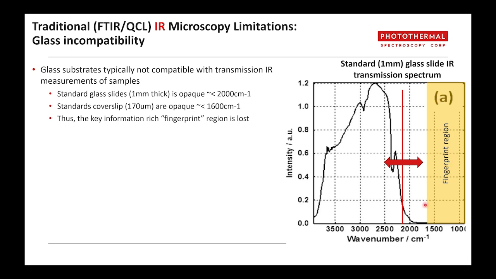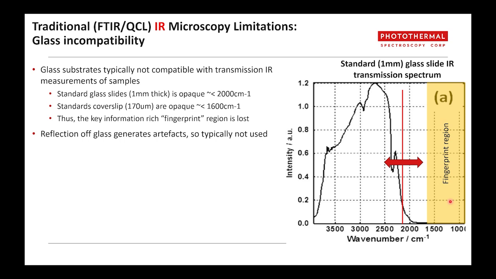But this cutoff point has some variability in terms of where you would define it, and that depends on the thickness. Standard glass slides have a higher wavenumber cutoff. Cover slips, which are much thinner, let a little more light through, and you might be able to get down to around maybe 1600, but still most of the key fingerprint region is lost, which is a shame because glass is so cheap, so ubiquitous.